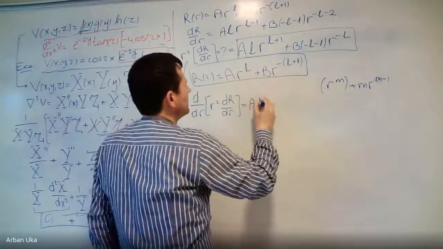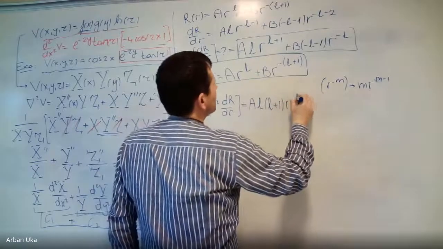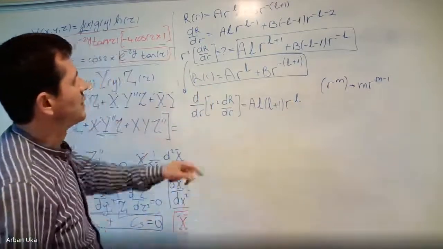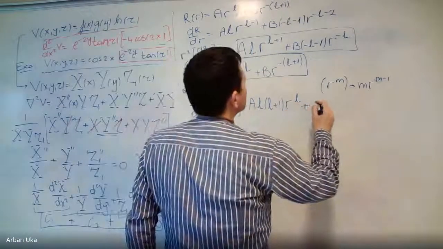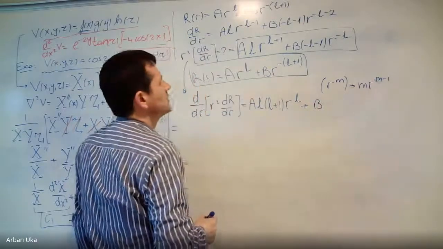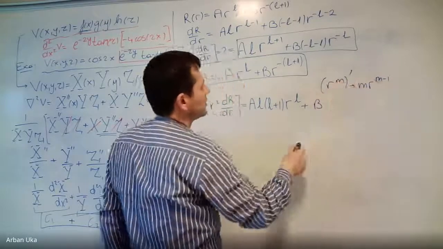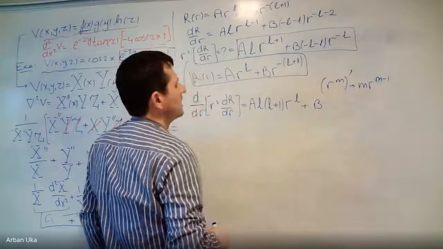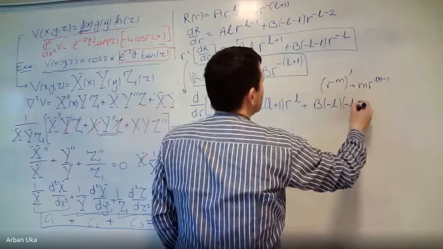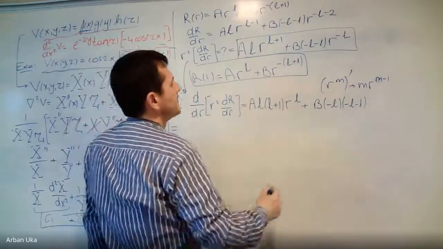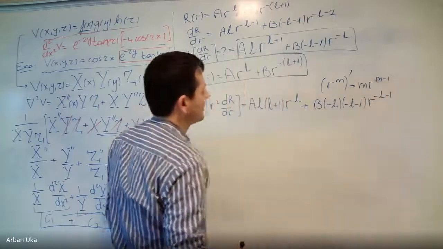We have a times L plus 1 times r to the power L, because we decrease the power by 1, and then plus b times, since we take the derivative, the power comes down, and the power that will come down will be minus L times minus L minus 1, and then r to the power minus L minus 1, okay?